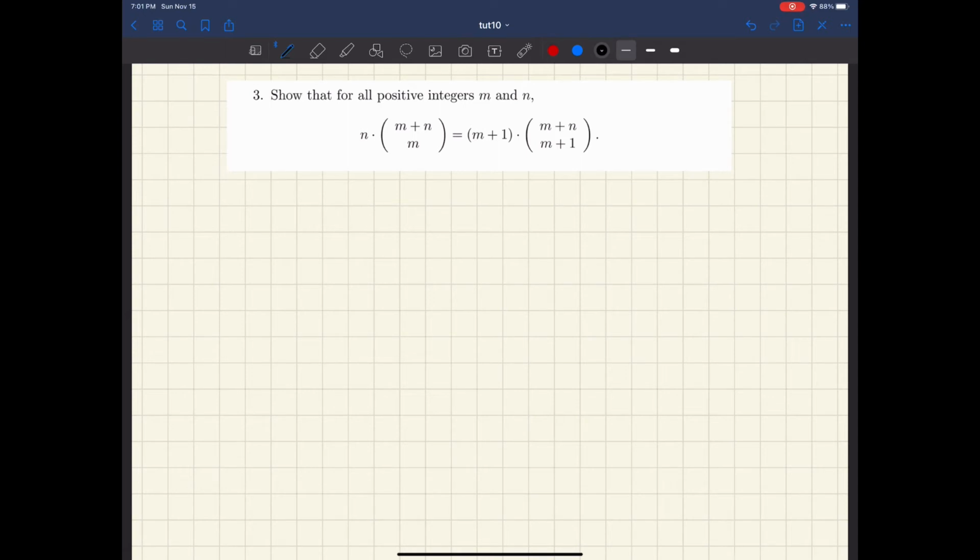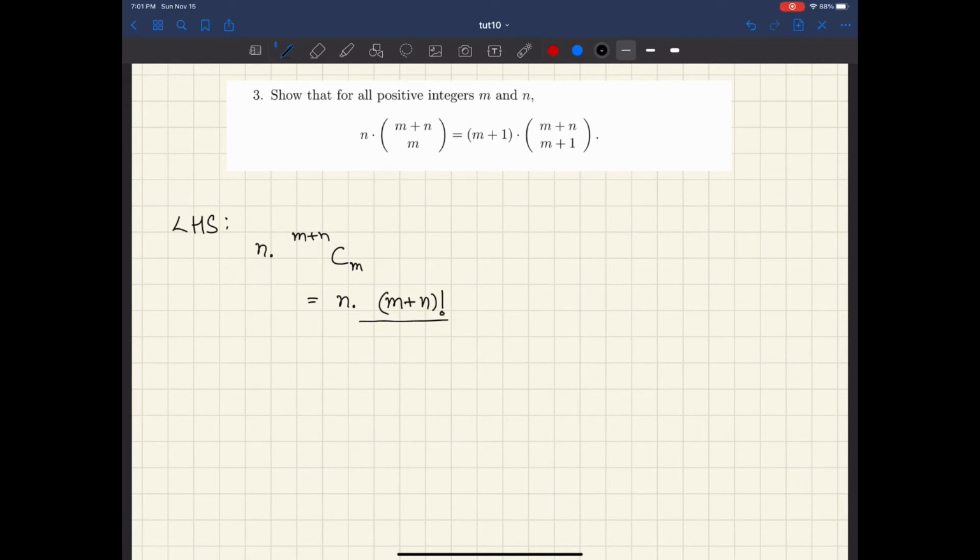Moving on to the next. Show that for all positive integers m and n, n times (m plus n)Cm is equal to (m plus 1) times (m plus n)C(m plus 1). We'll start by solving the left-hand side, which is n times (m plus n)Cm.